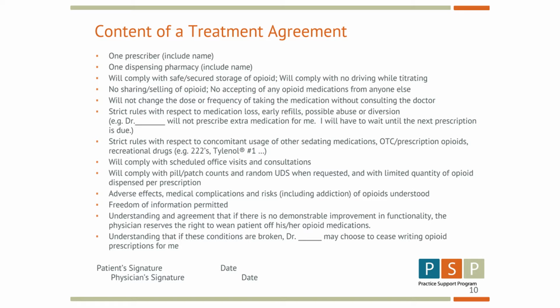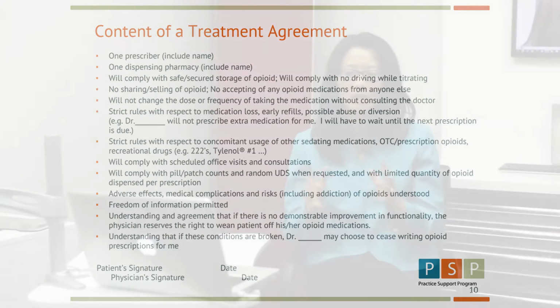You're welcome to alter and add to it, but a summary of the content is to keep this medication use safe. Some of the principles here are around single prescribers, letting the health care provider know when patients are going on vacation or taking time away, how frequent the follow-ups are going to be, and setting expectations during the time when a new medication is being tried of what a patient should be doing to keep it safe, and also what the clinician is going to be doing to keep this safe.